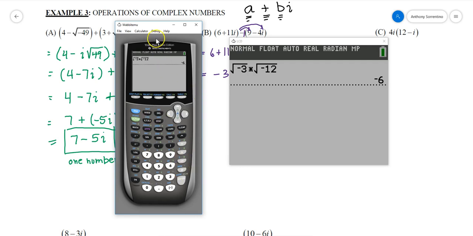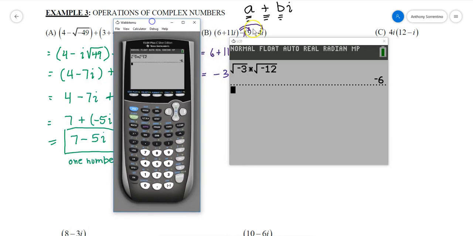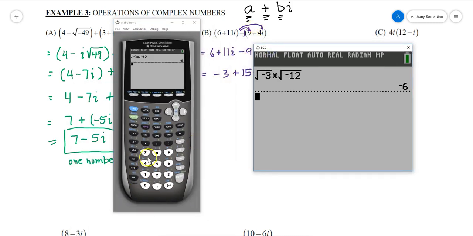So if I take the second one, if I want to do 6 plus 11i, now i is a term that's found right above the decimal point. You'll see it's written up here in blue. So if I hit second and the decimal point, I'm going to get an i to show up there.